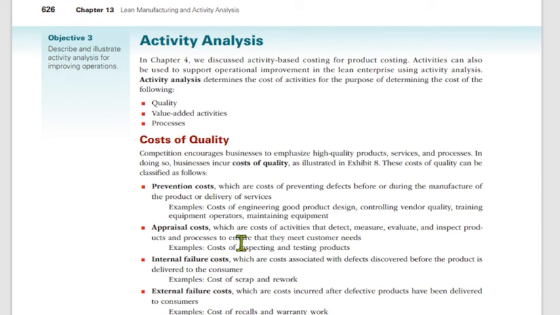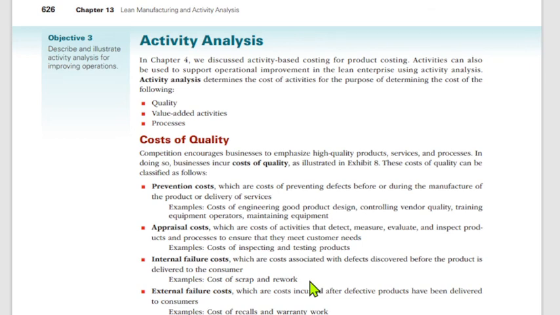Okay? Internal failure, this is a process cause which includes treating the negligence inside the manufacturing site or the organization. The cause of scrap and rework. Diba? Kapag iulitin mo yan at yung mga scrap, yan ay internal failure. While external failure naman, kapag yung mga warranty.